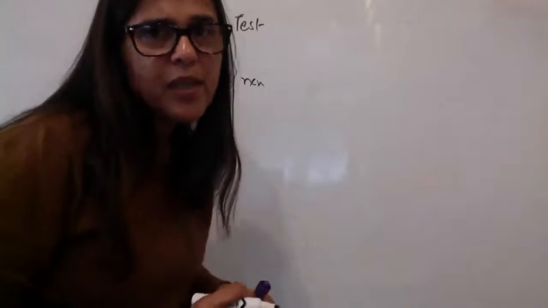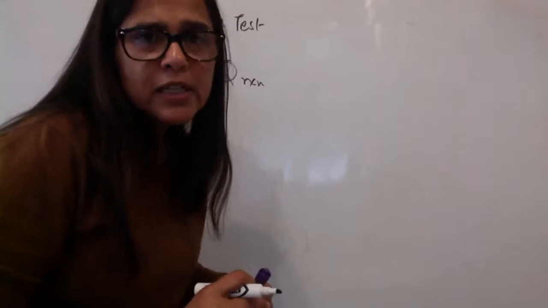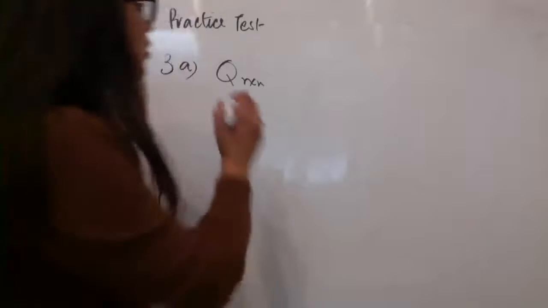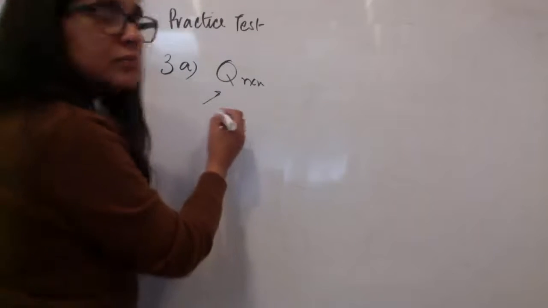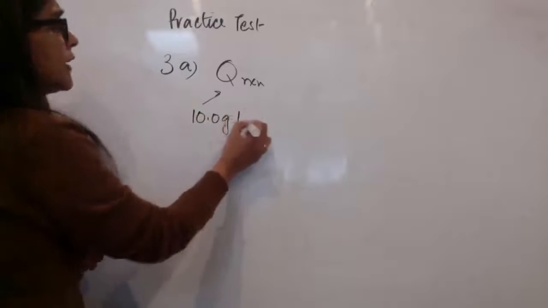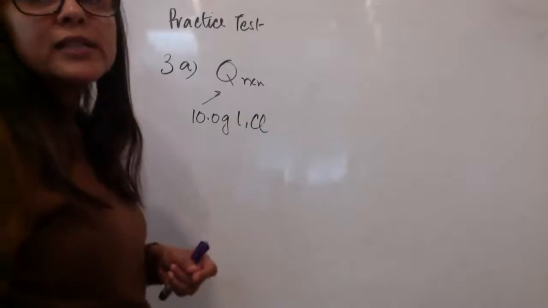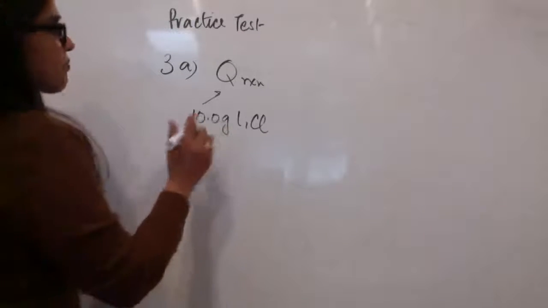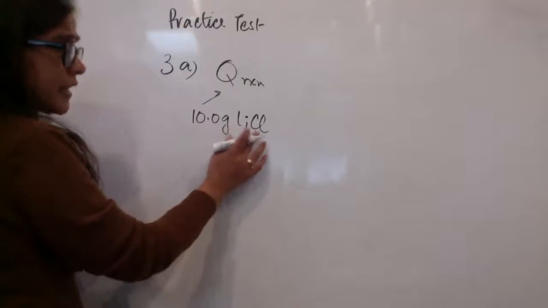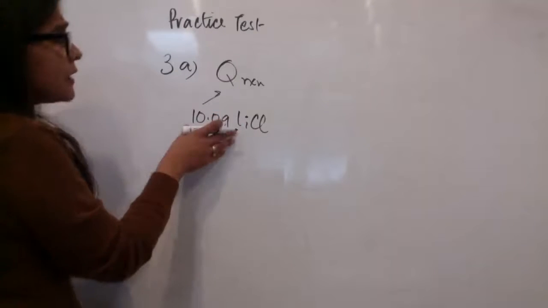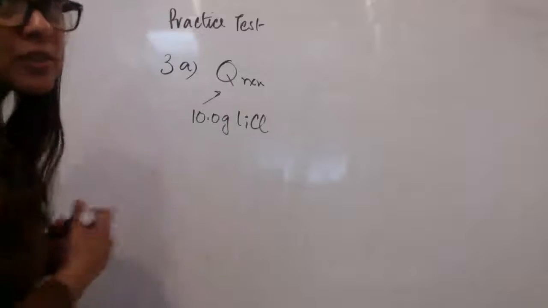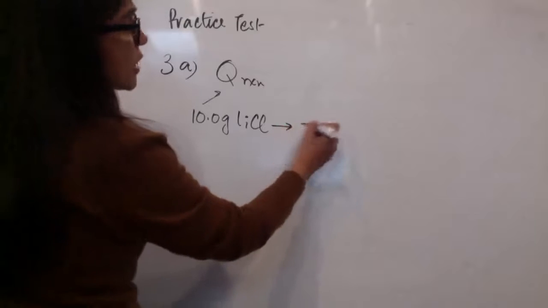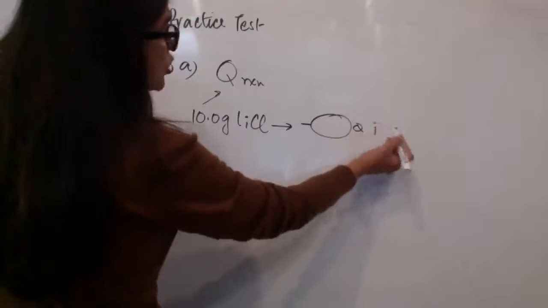MC delta T. When you did Q of reaction, you know that Q comes from 10 grams of lithium chloride because the student is dissolving lithium chloride in water, okay? So if a student is dissolving lithium chloride in water, lithium chloride is the one making heat, right? Water is not making heat.